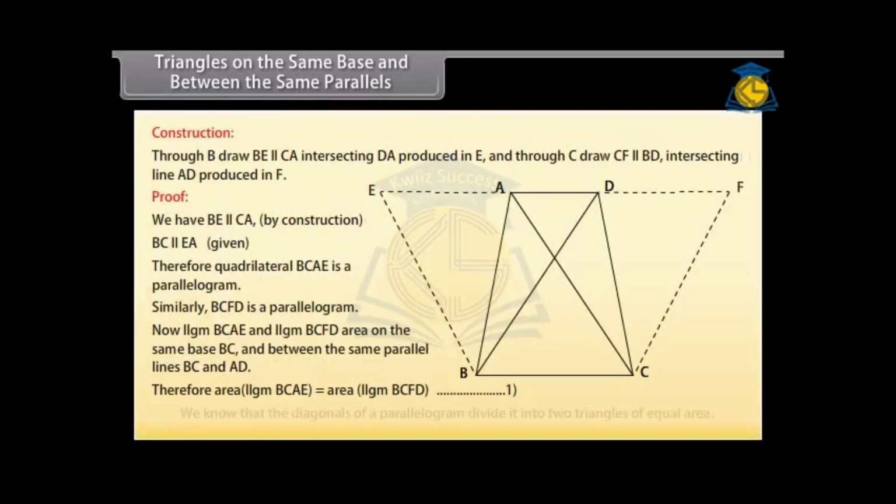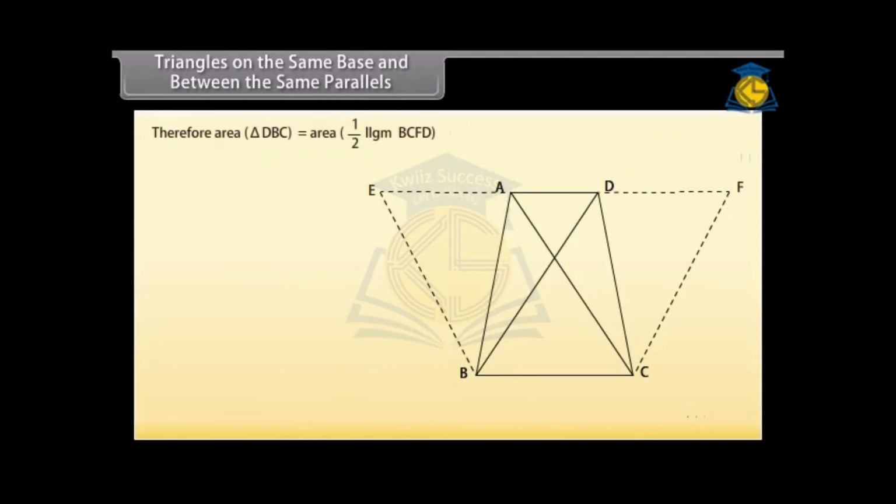Mark it as 1. We know that the diagonals of a parallelogram divide it into two triangles of equal area. Therefore, area of triangle DBC is equal to half of area of parallelogram BCFD. Mark it as 2. And area of triangle ABC is equal to half of area of parallelogram BCAE.